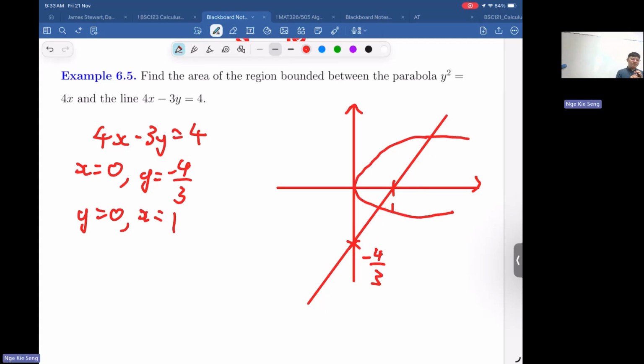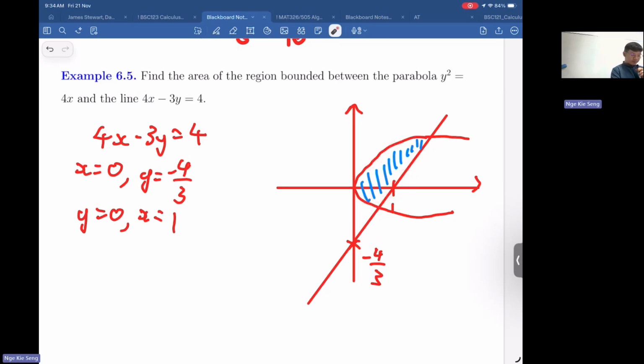And then the question asks you to find the area bounded by these 2 curves here. So did you see an area here? The region. Okay, so you want to find this. Well, to find this, you can use the method we learned before, right? Take the top function minus the bottom function. But if you notice, the bottom function here is changing.